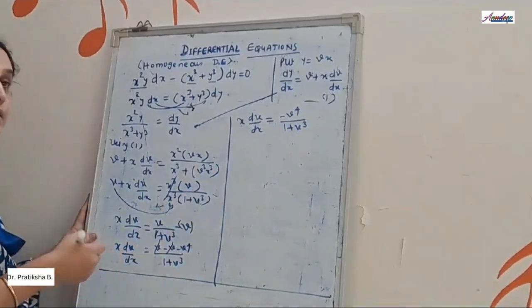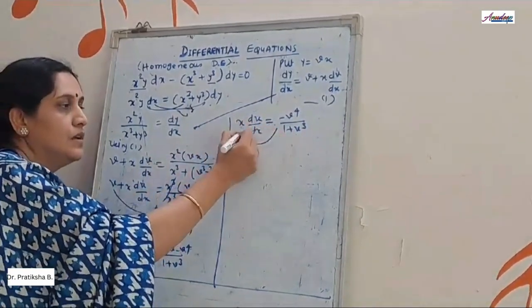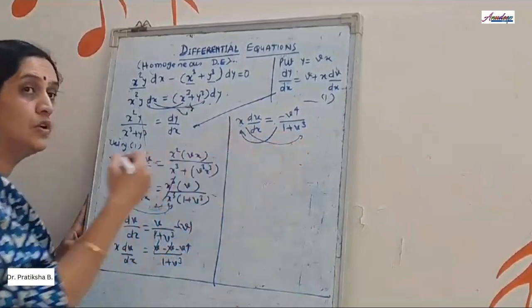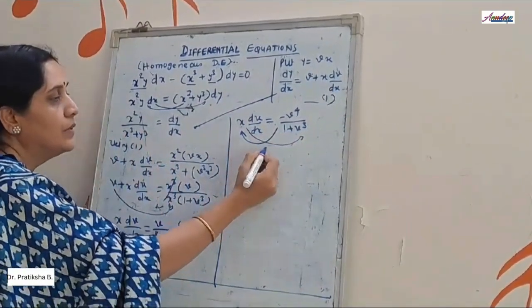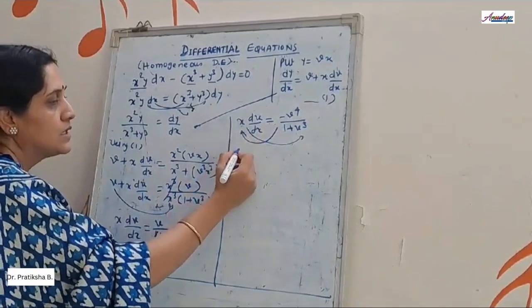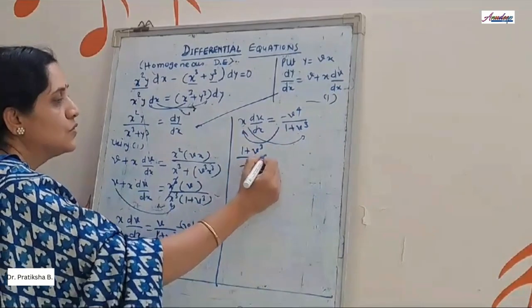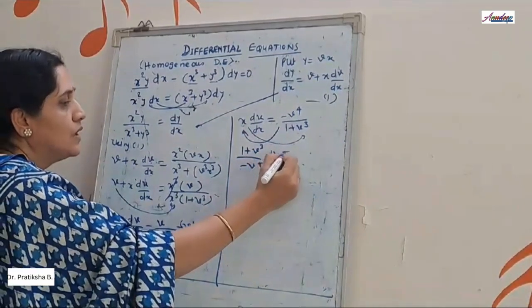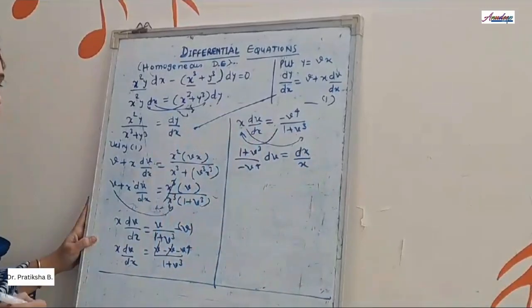Now, by variable separable form, let me take the v term here and the x term here, because we always want dx and dv in the numerator. So when I take this term, I have to take the reciprocal: 1 plus v cube upon v raised to 4 into dv is equal to minus dx upon x. Right?